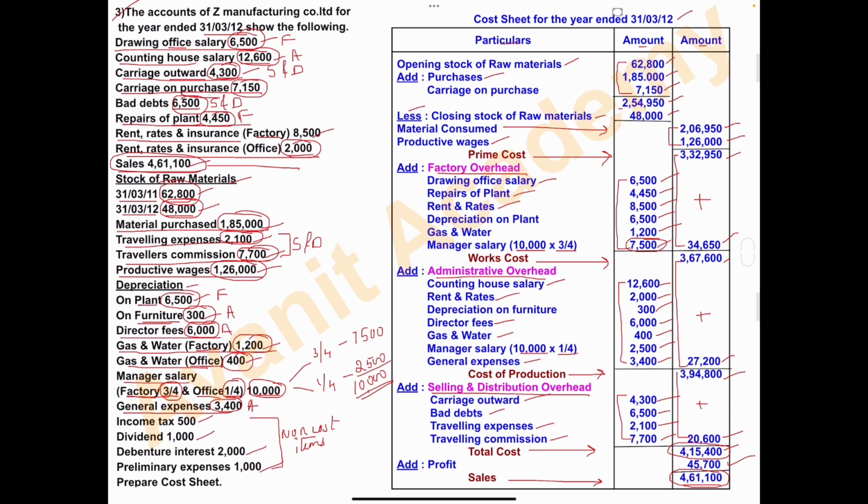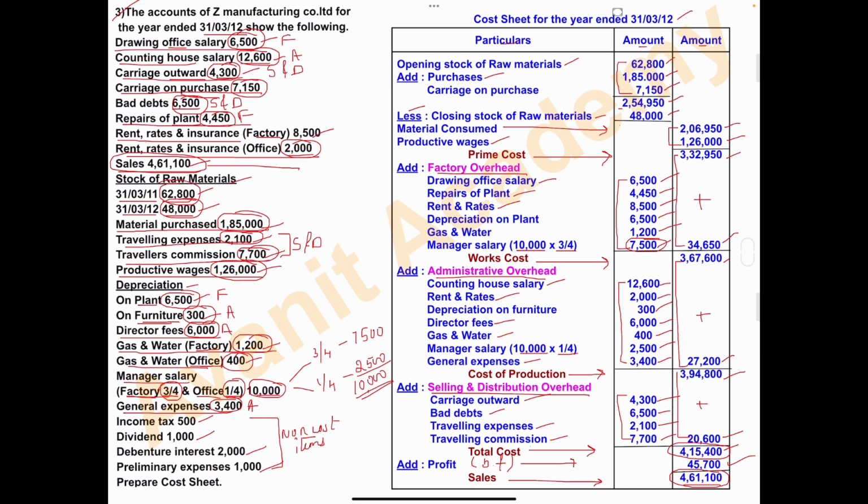This is called profit, the balancing figure. Profit is 45,700.